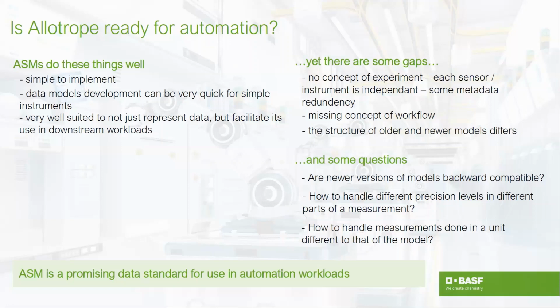How do we handle different precision levels in different parts of the measurement? Is there something like this also in Allotrope? And how do we handle measurements that are done in one unit, but that unit is different from that of the model? Or can we use a factor to deal with things like milliliters, liters, and so on?